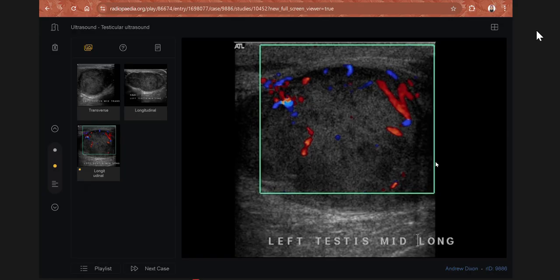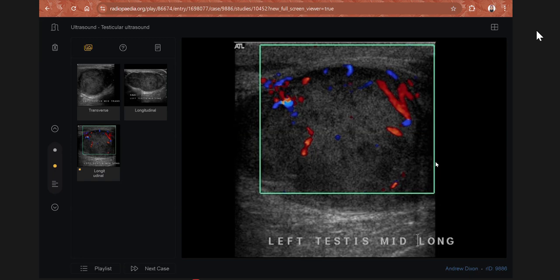I would like to measure the size, and I would like to know the history, if there is any pain and swelling. Considering this radiological image, my topmost differential will be orchitis. The patient is a 30-year-old male with testicular pain.